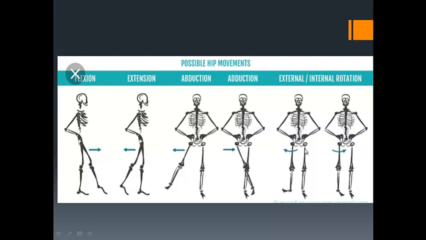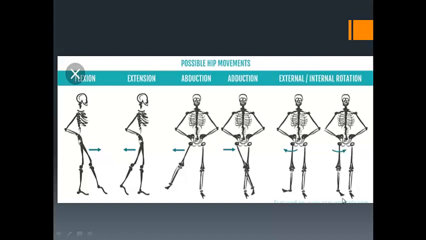The third range of motion is what we call external and internal rotation. The best way to imagine what direction of movement this is, is to think about your toes. If you're rotating your toes to the outside, that's external rotation. In the arrow here you can see that's moving to the side.